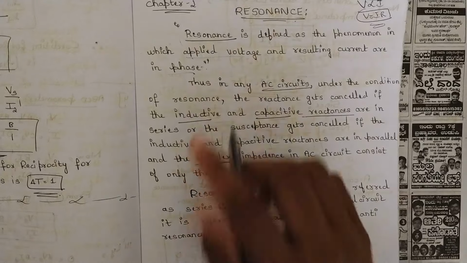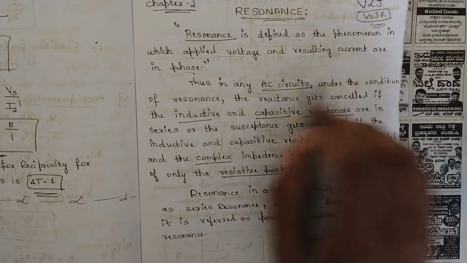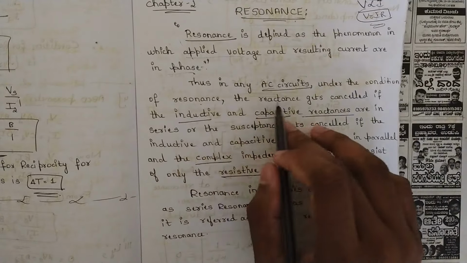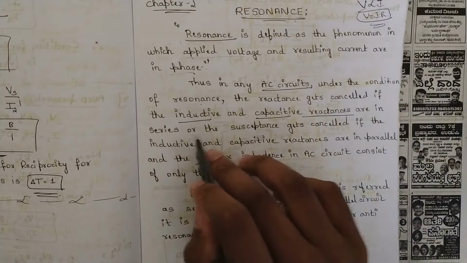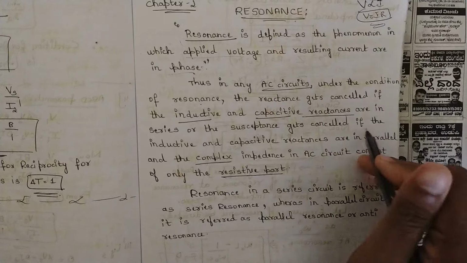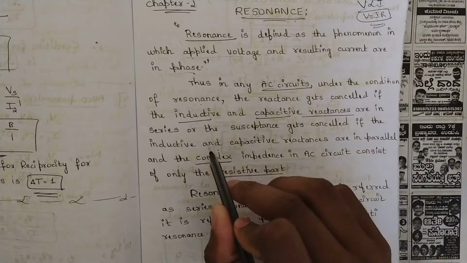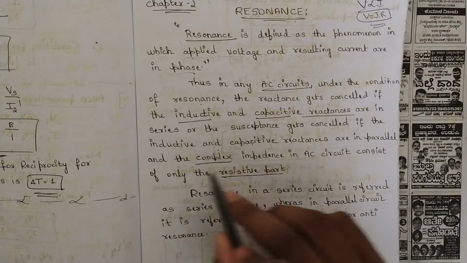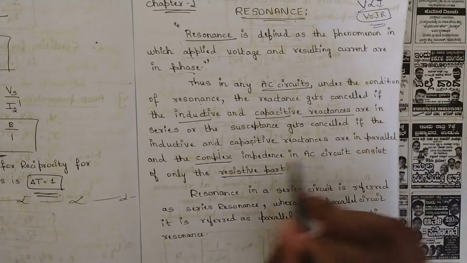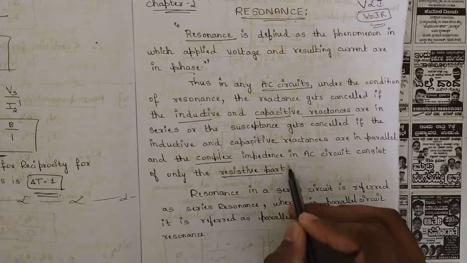In any AC circuit under the condition of resonance, the reactance gets cancelled if the inductive and capacitive reactances are in series, or the susceptance gets cancelled if the inductive and capacitive elements are in parallel. The complex impedance in the AC circuit consists of only the resistive part.